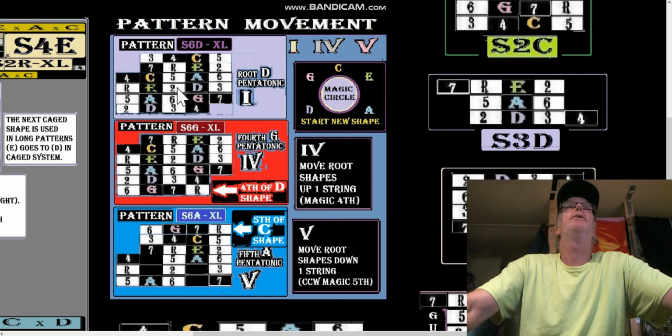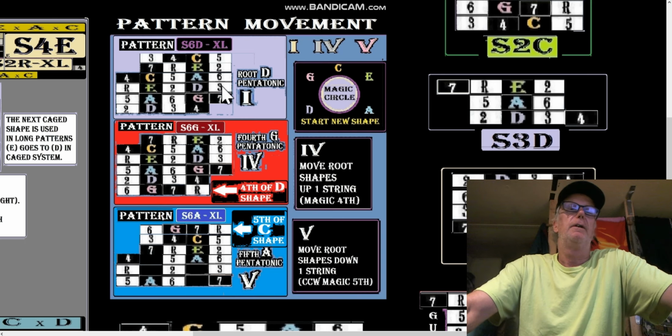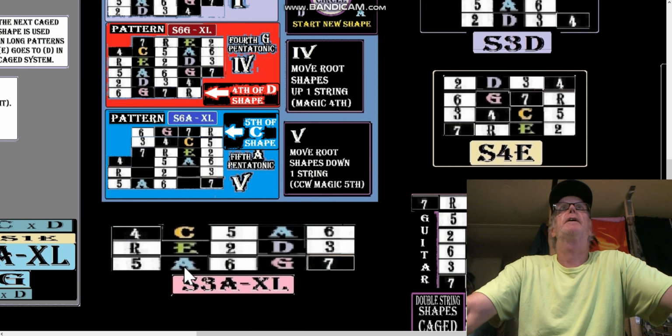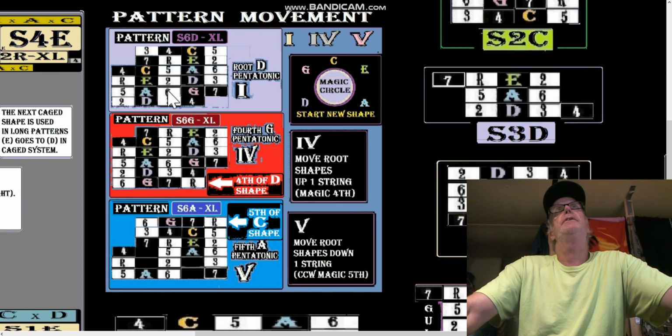Now you can't go to this 3 over here, 3, 4, 5 in this C shape that's down below the fret nut there, imaginary, or a capo, down below the capo. So you sense something you can't do, just take it root 2, 3, and then go into that pentatonic long pattern. The S3XL, 5, 6, root 2, 3, 5, 6, leaving the 4 and the 7 off. You know, you can play it like that.